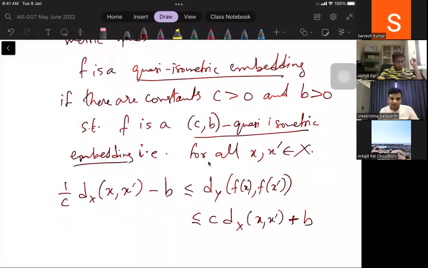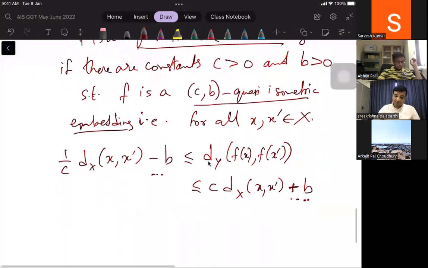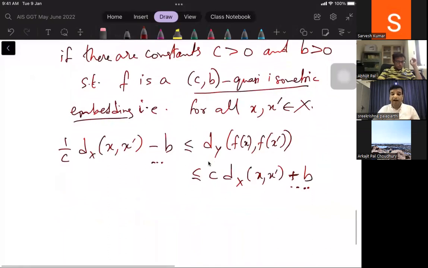So there are these constants minus B and B. The additions to those distances allow you now to be within a certain B of that particular space.